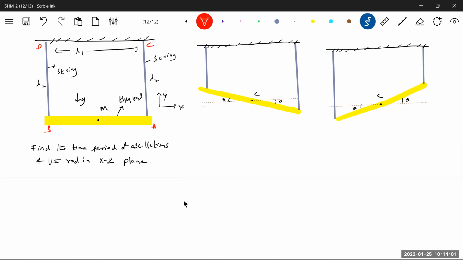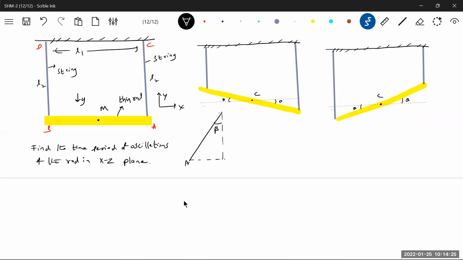A, B, C, D, let me take here. Okay, this is the point C. This is A. This is beta.